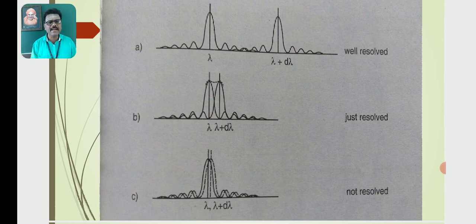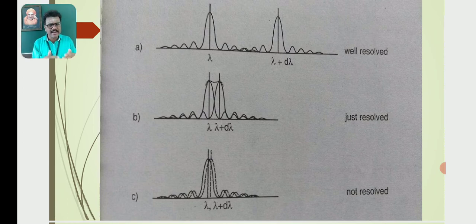The second diagram indicates that the central maximum of the diffraction pattern of one overlaps with the first minimum of the diffraction pattern of the other, so the images are just resolved, just separated.